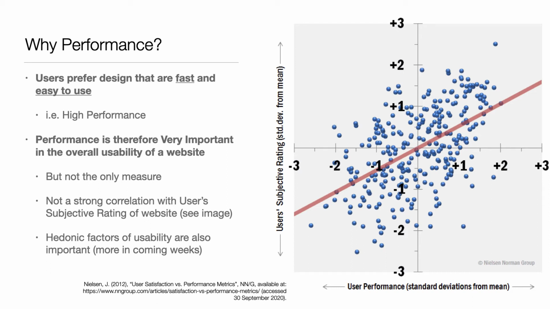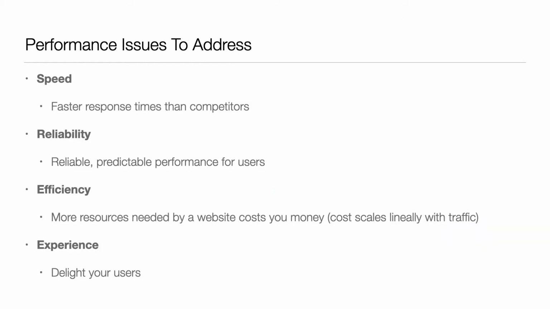It's very hard to have a website with good usability if it takes you forever to complete a task. So performance issues talk about speed, reliability, efficiency, and experience. So the speed is the fast response time, reliability is how predictable people are, efficiency is how much resources need, either in time or in your mind, to achieve your task, and your experience is just general delight.